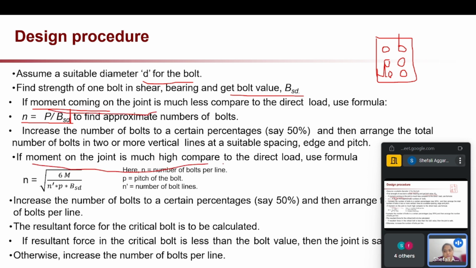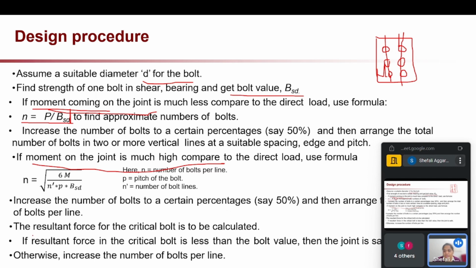But if our moment is very high, then we calculate our number of bolts using this formula: 6M divided by n dash into pitch of bolt into BSD. N dash is the number of bolt lines, like in this case 2. BSD is our bolt value, which we calculate from the strength. Again, we will increase the number of bolts by 50% and arrange our bolts in particular lines.